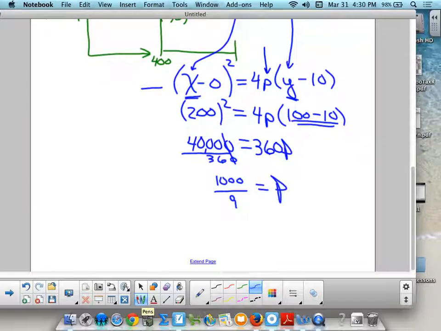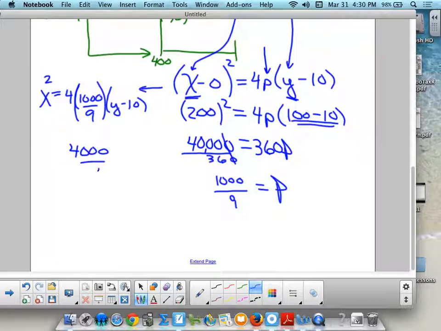Let's move over, write the equation. Here it comes. X squared equals what? 4 times 1,000 over 9 times y minus 10. You end up with 4,000 over 9 times y minus 10.